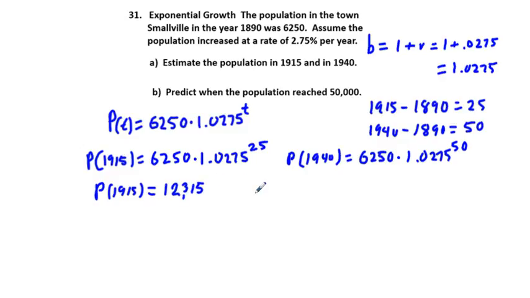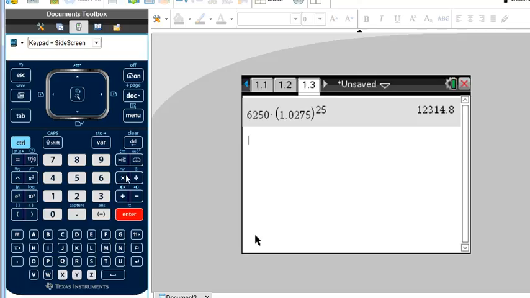Okay. And then P of 1940 is going to be equal to, we go to our calculator again, same thing. Let's do 6250 times 1.0275 to the power of 50.